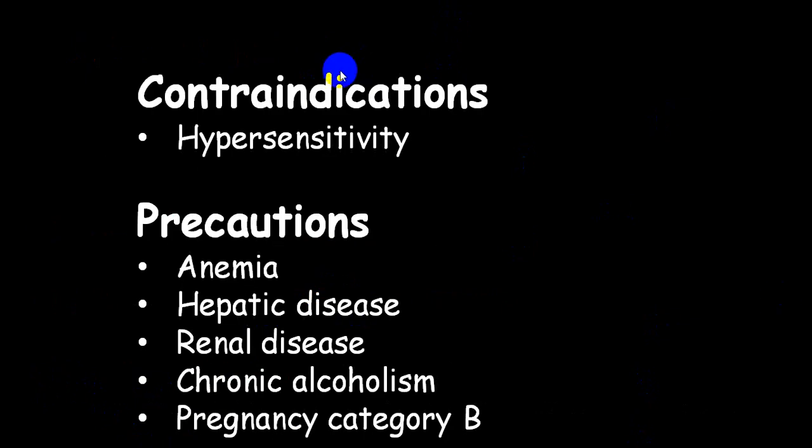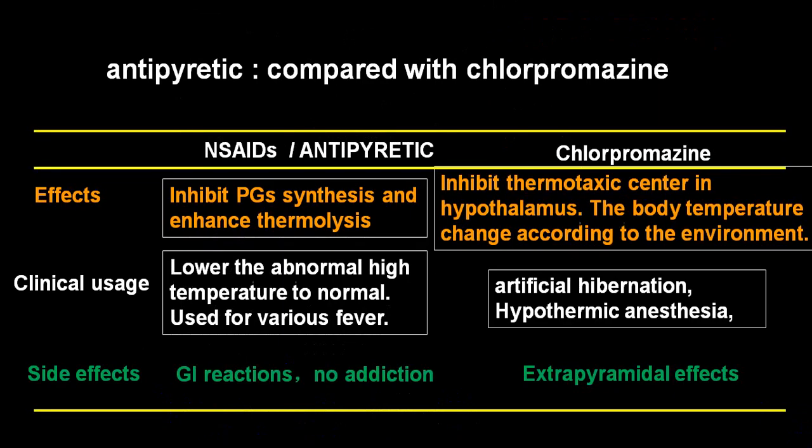The major contraindication is only a person who is hypersensitive. You should take precautions in a person with anemia, chronic liver disease, CKD, chronic alcoholics, and it is a category 2 drug during pregnancy. So it should be used with little caution during pregnancy. Otherwise, it is relatively safe.